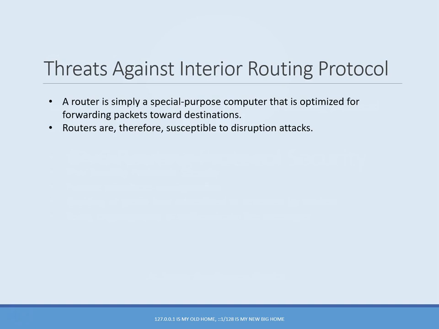The routing protocols that run on routers are applications, and these applications are listening to the network and can be vulnerable to attack, just like any software running on a network. Therefore, routers are susceptible to disruption attacks to consume their computing resources, and buffer overflow attacks, just like any other computers.